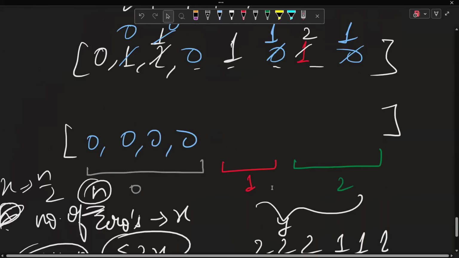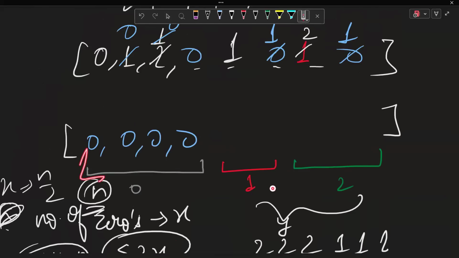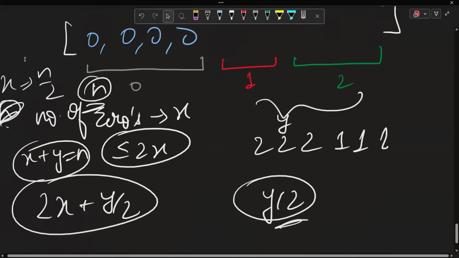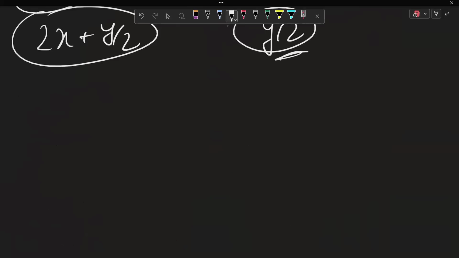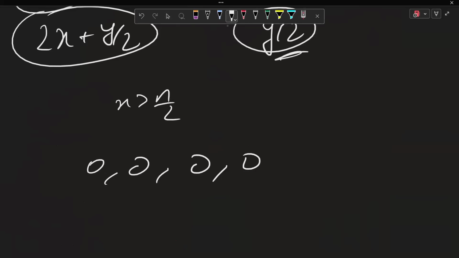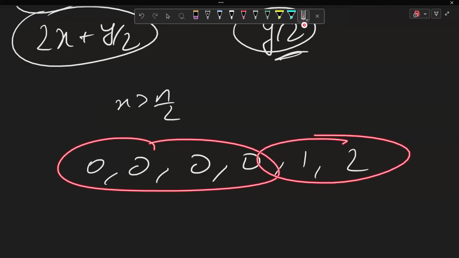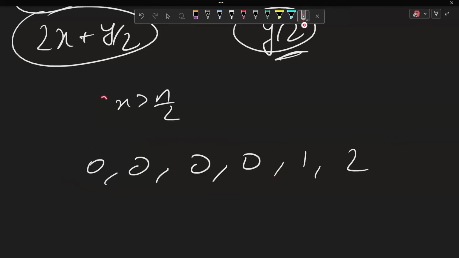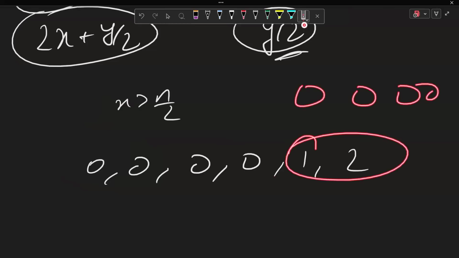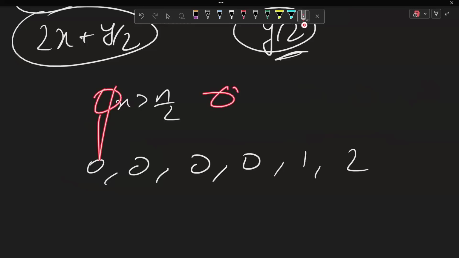Or if this x is more than n by 2, so you have many zeros and some ones and twos. Let's say n was 6 and we have four zeros. Now for sure, you cannot distribute these four zeros in two places, so at least there would be two zeros which are already there.